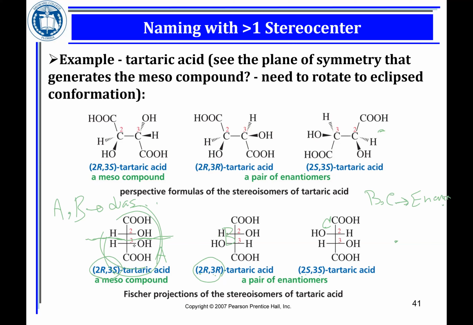Because you could rotate it, maybe? It's like a trans compound. Yeah, the groups that are attached to it, they're all the same.